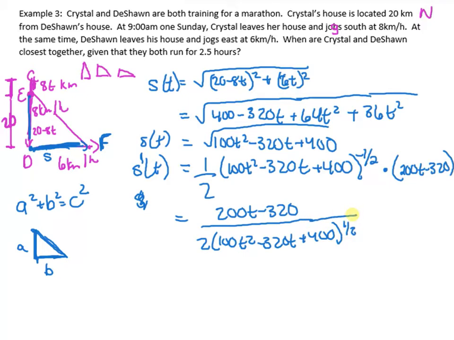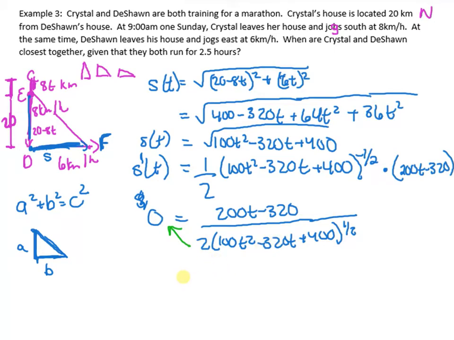Okay, super duper ugly. So our question: they both run for 2.5 hours, right? We want to know when this distance is a minimum, so closest together. We want to know when this derivative equals 0. If we cross multiply, 0 times the denominator is just 0.